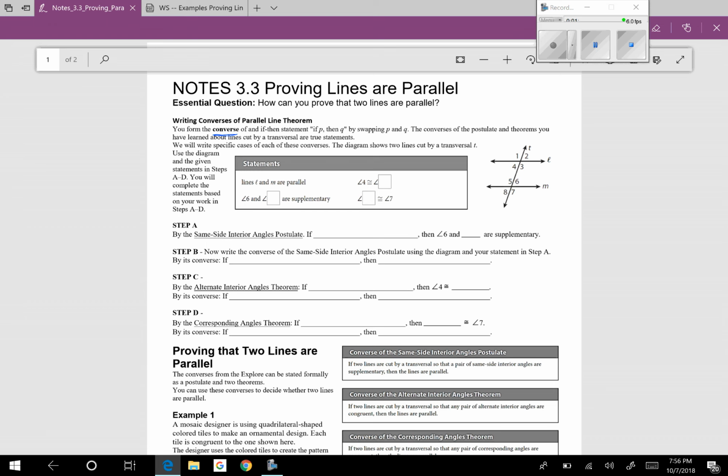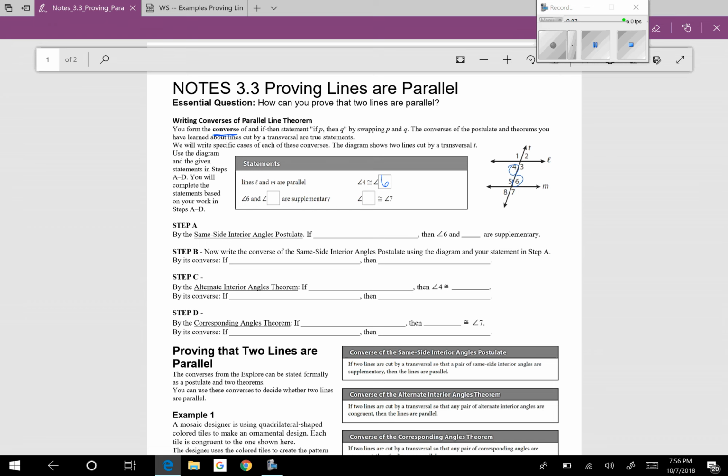So we're using the diagram over here for steps A through D, and we're going to complete the statements based on our work. So lines L and M are parallel, and because of that, we know that angle 4 is congruent to angle 6. And why are they congruent? Because they are alternate interior angles.